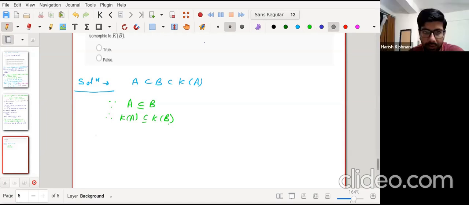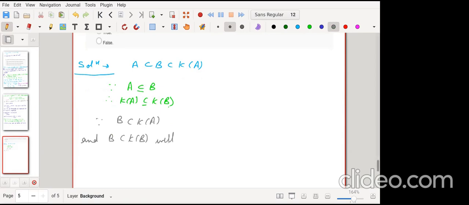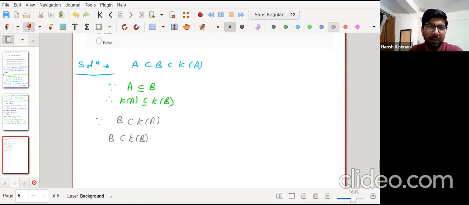See, since your B is inside K_A and B is also inside your K_B, now you should use the smallest thing.